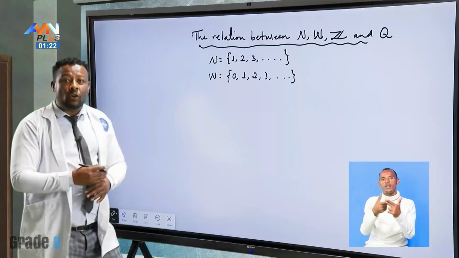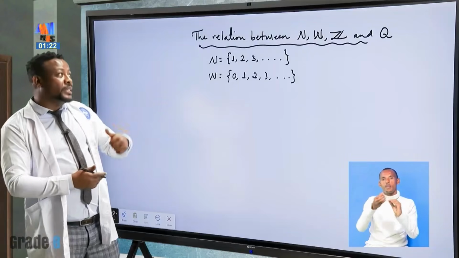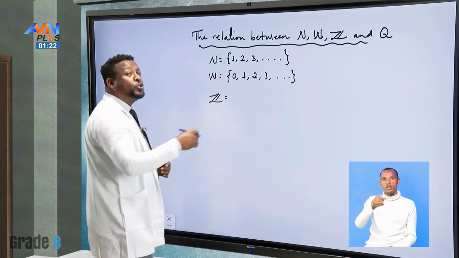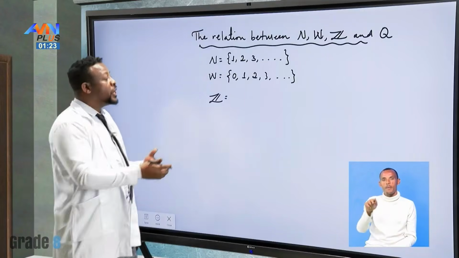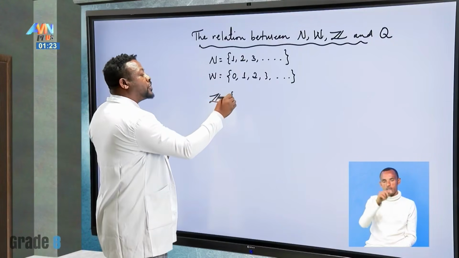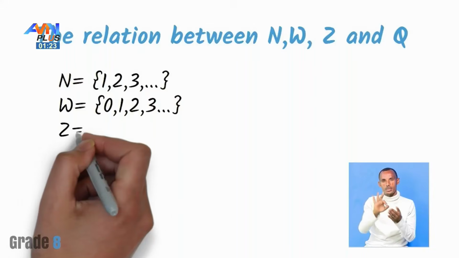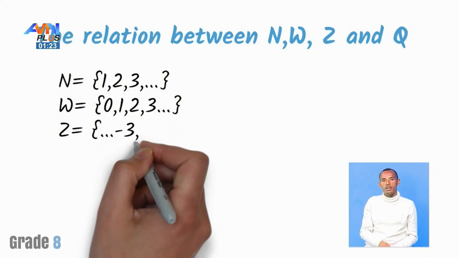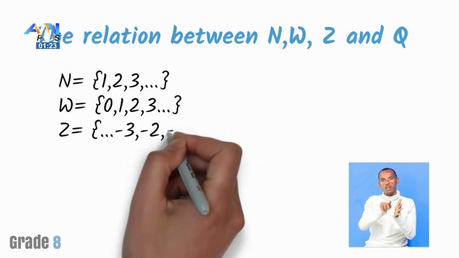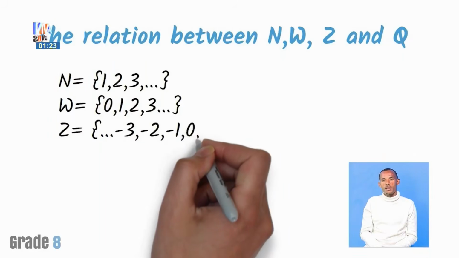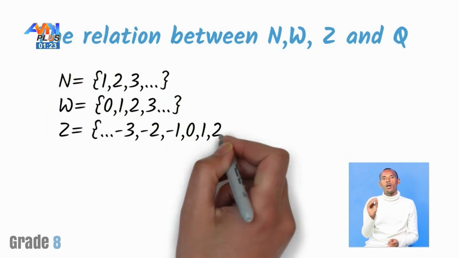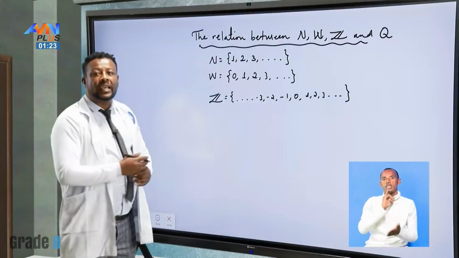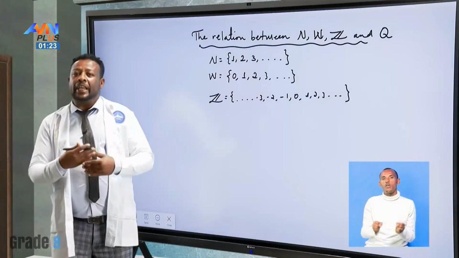The third set of numbers here is capital Z, which is the notation we use to represent the set of integers. So the set of integers contains negative numbers, negative 1, negative 2, negative 3, and so on, and whole numbers, right? So this is the set of integers.